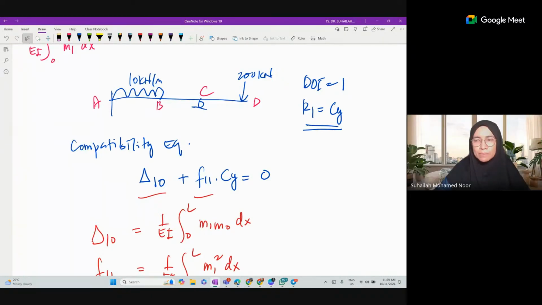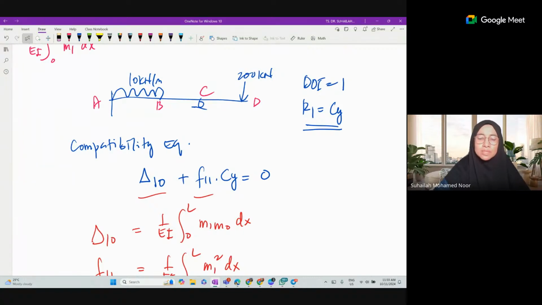If you have a problem, just text me on Telegram or personal Telegram, it doesn't matter. Make sure you really understand the concept of the flexibility method and the principle of superposition, because it is very important. Once you understand the whole, you can apply the same principle to frames and trusses later on.